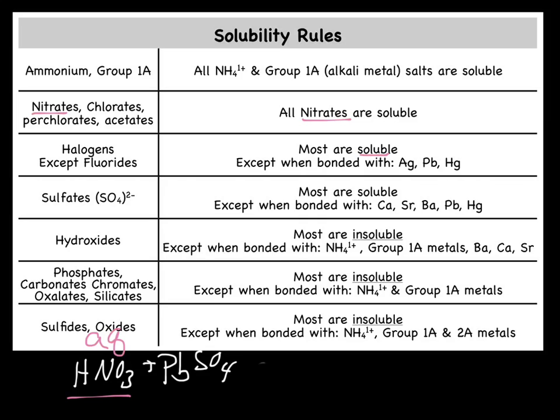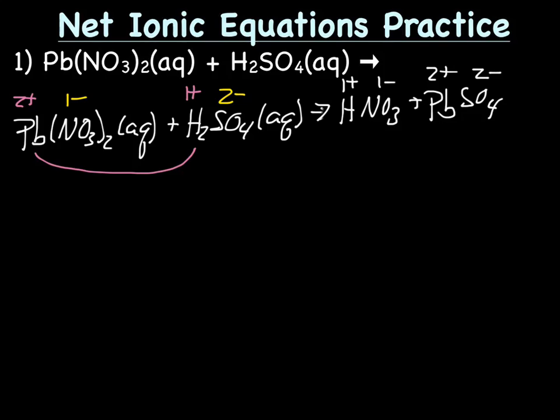And we have our product, possibly, PbSO4. Sulfates, most are soluble unless bonded with lead, so this is going to be our solid. Okay, so we now have aqueous HNO3 and solid PbSO4. Okay, so that's our double replacement reaction.